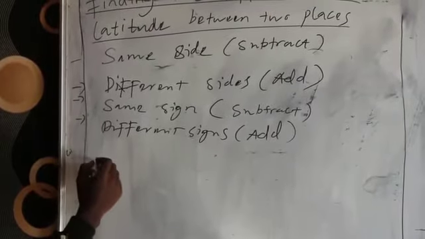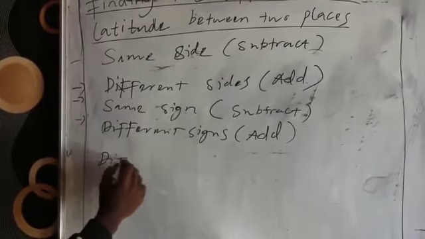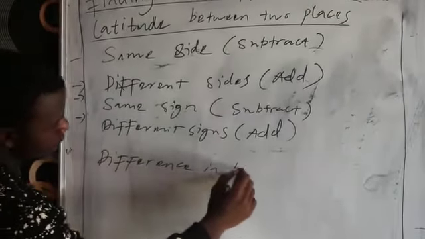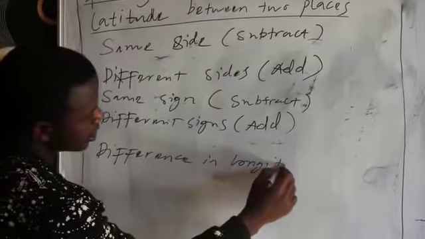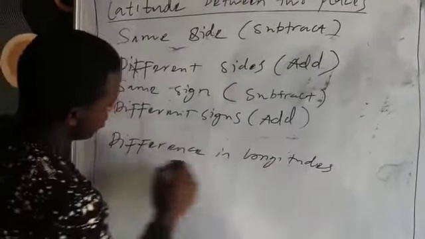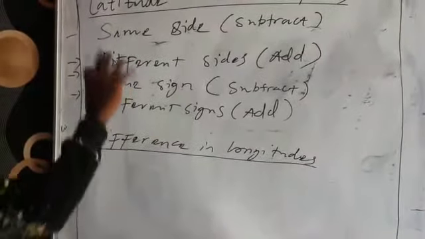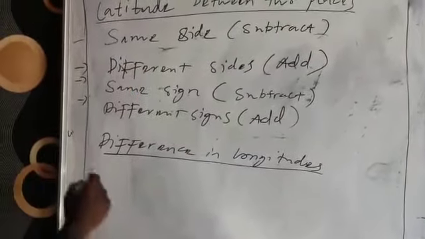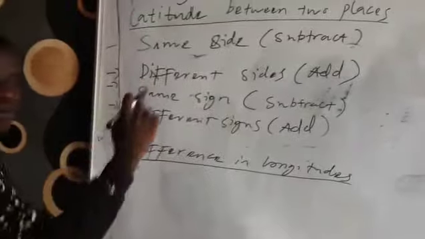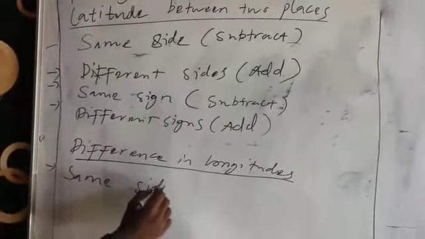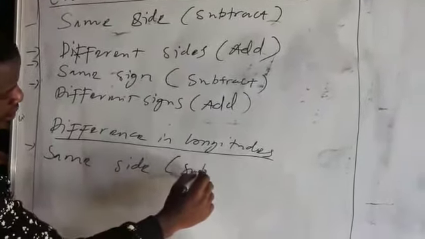So the difference in longitude between 2 points. You just use the same principles as when finding the difference in latitude. So we are going to say same side, you subtract.